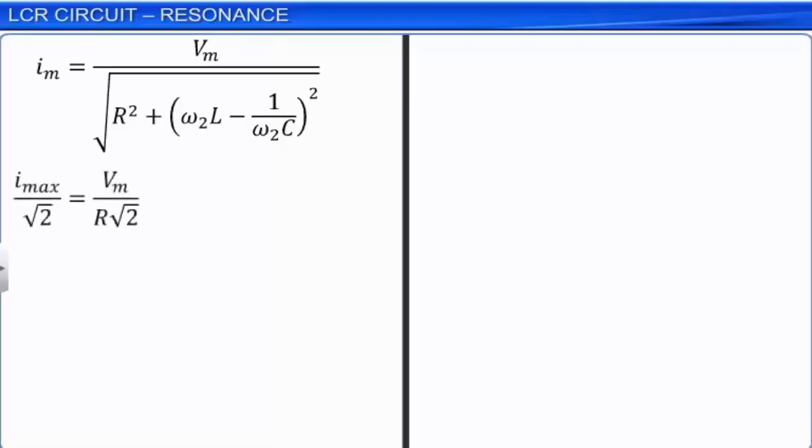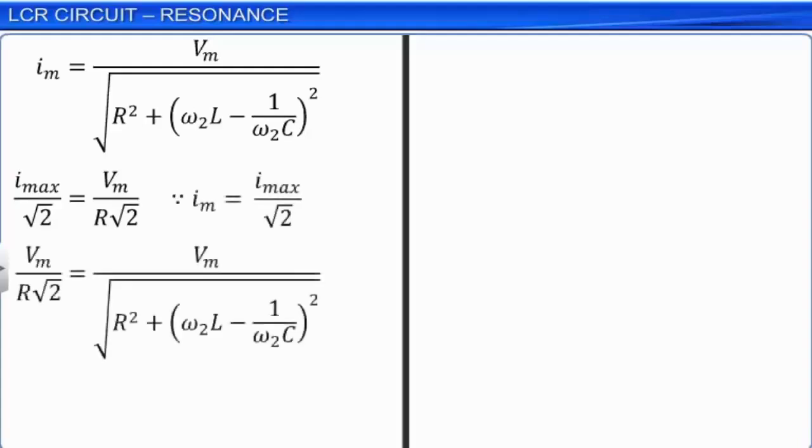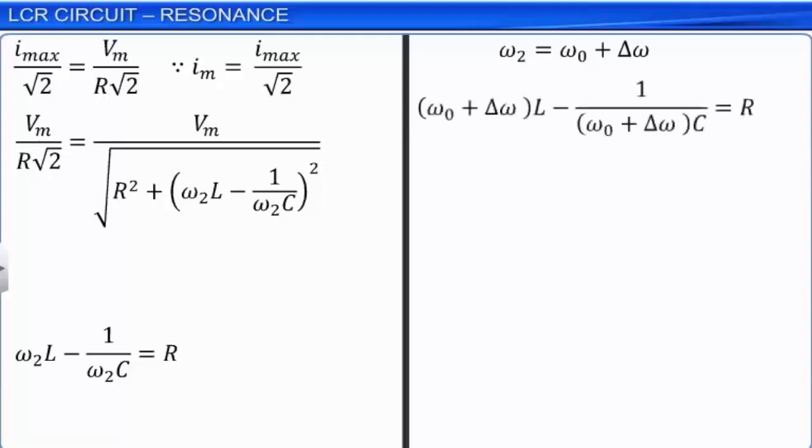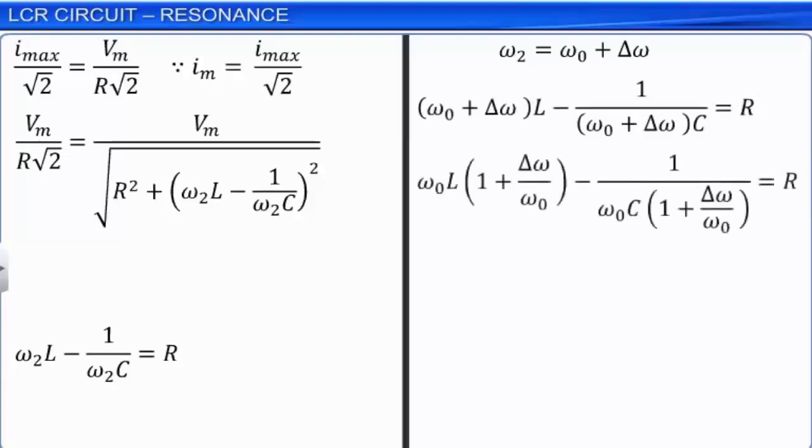On simplifying, we get omega 2 L minus 1 by omega 2 C is equal to R. Substituting the value of omega 2 equal to omega naught plus delta omega in this equation, and simplifying, we get equation 3 as shown.